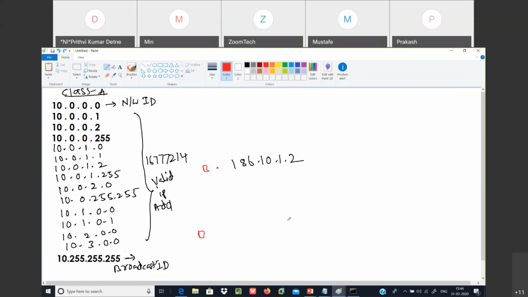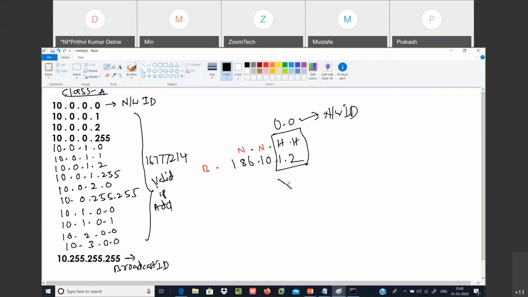Let me write the same thing here. The first octet is network, the second octet is network, the third octet is host, the fourth octet is host. To identify the network address, in the host portion, if you write 0, it's the network ID.